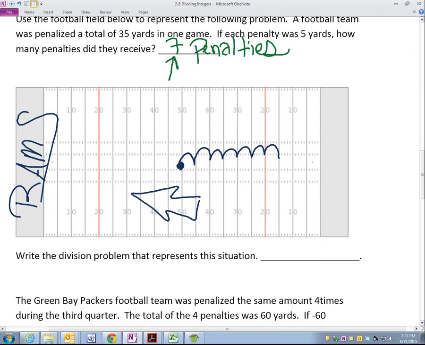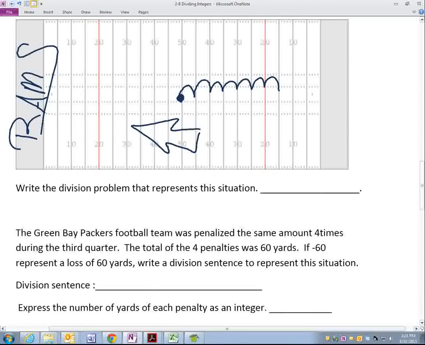So when we're doing this division problem, we have a negative 35 yards divided by how many yards, or how many yards was each one? 7. Was it 5? Okay, so 5 yards. But wait, that would give us a negative 7. We can't have negative 7 penalties.